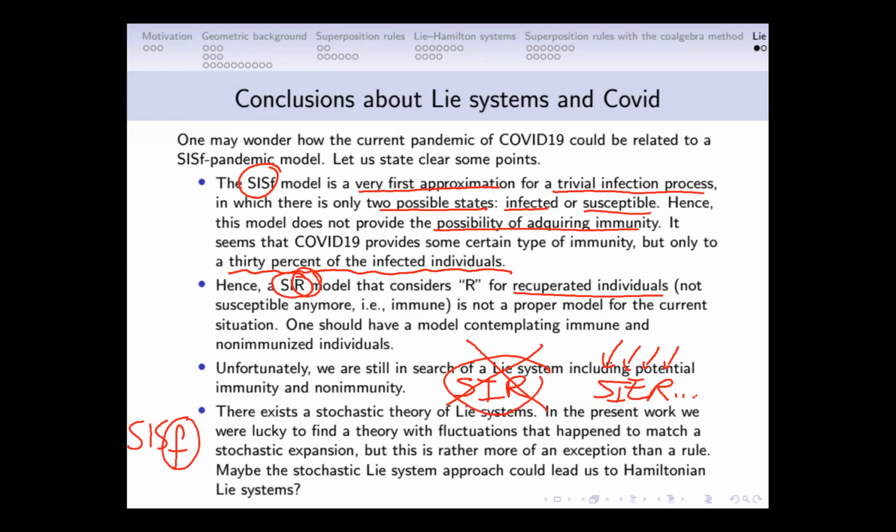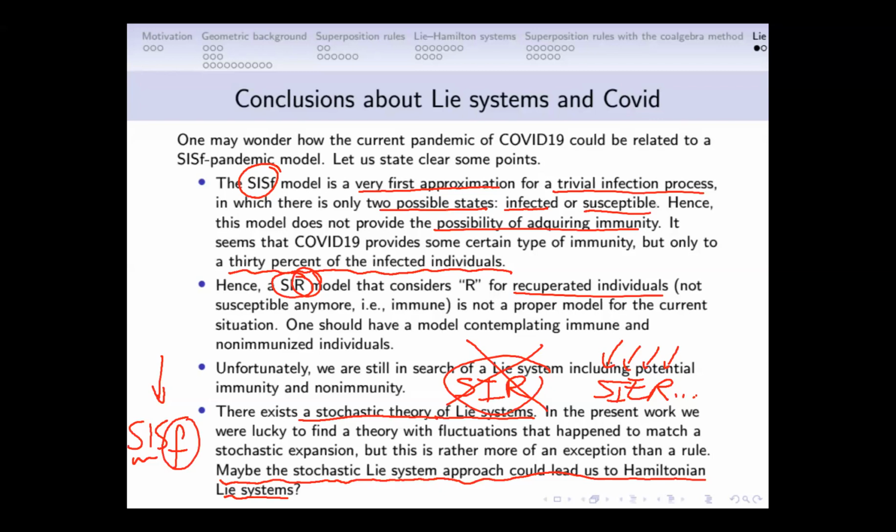So what we should do is maybe start a stochastic theory of Lie systems to find more models that are Lie systems, because the models without fluctuations don't seem to have this rich geometry background that I'm using to retrieve all these solutions.